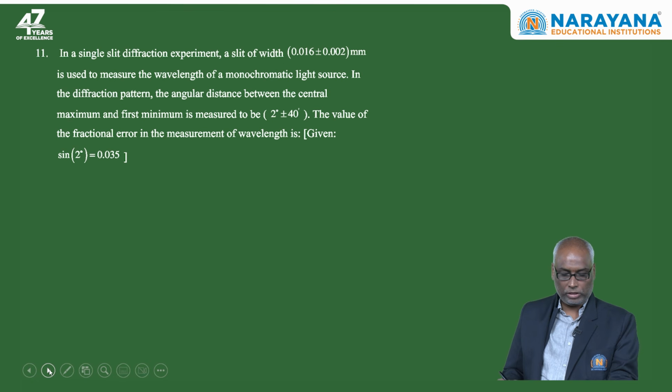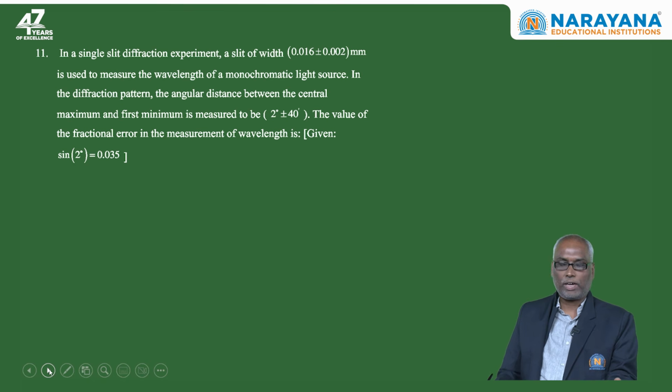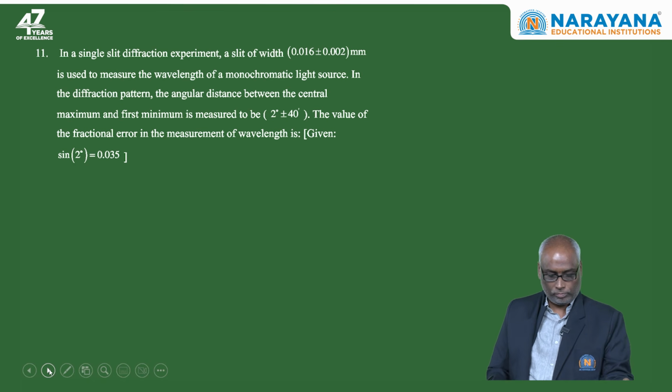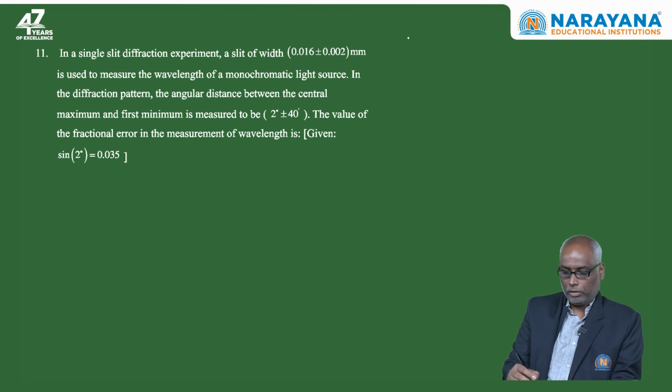The value of fractional error in the measurement of wavelength is dash. So when you want to calculate the fractional error in the measurement of wavelength, because the angular position of the first minima is given, the relation between the angular position of the first minima, wavelength and the width of the slit is given by lambda equals a sin theta.